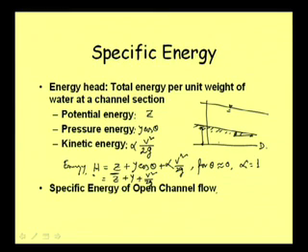Now our datum itself is the channel bottom, so this Z term is not coming at all here. And so our specific energy we can write as E is equal to Y plus V square by twice G.